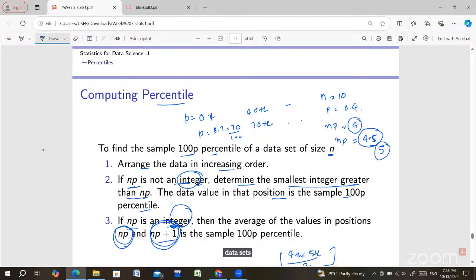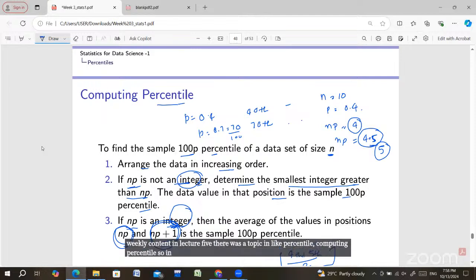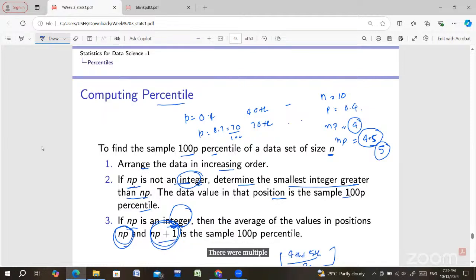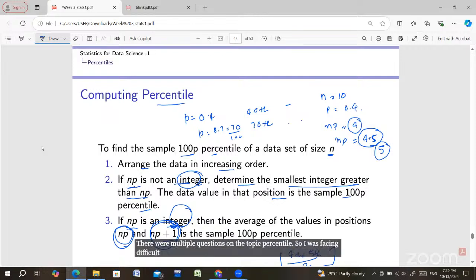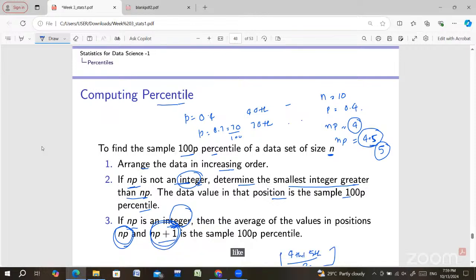Hello, ma'am. In the week 3 content in lecture 5, there was a topic on computing percentile. In the activity questions and also the graded assignment, there were multiple questions on percentile, and I was facing difficulty in finding it. Suppose a data set is given of marks of students, and we have to find the 25th percentile.